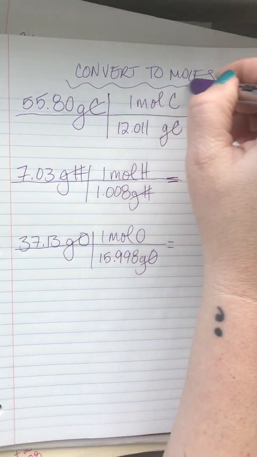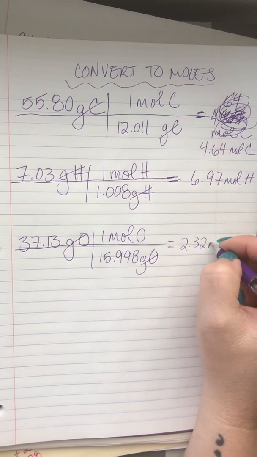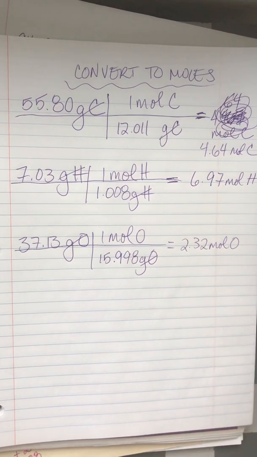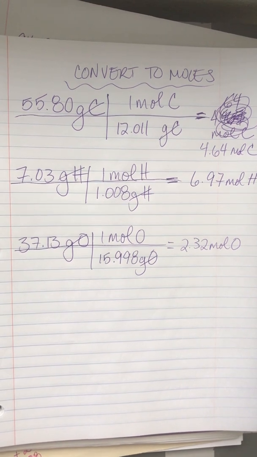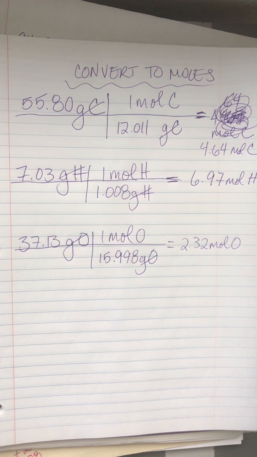I got 2.32. 2.32? Yeah. So everybody comfortable with what we did so far?